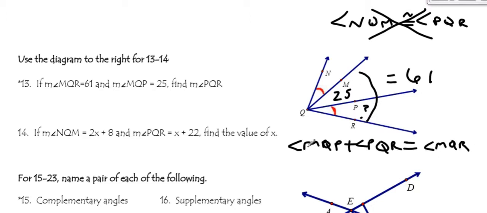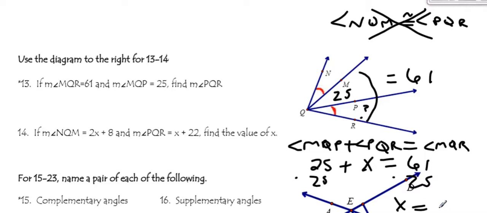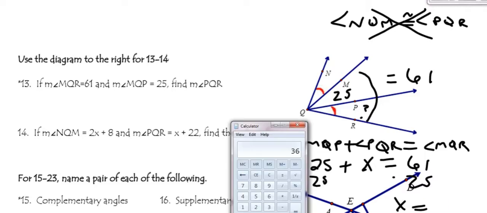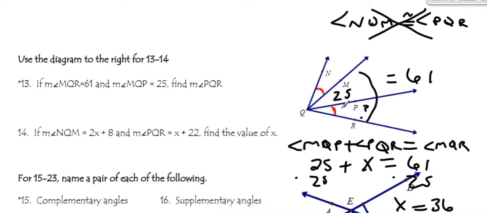So we were told MQP, which is 25, plus PQR, which we don't know, equals MQR, which is 61. So this just becomes a basic subtraction problem. I'm going to subtract 25 from both sides, and X equals what I get, 36. And then we check. Does 25 plus 36 equal 61? 6 plus 5 is 11, carry the 1, 61. So we're good.